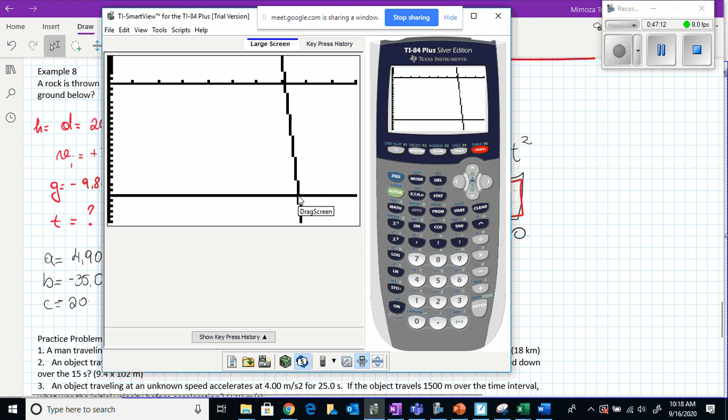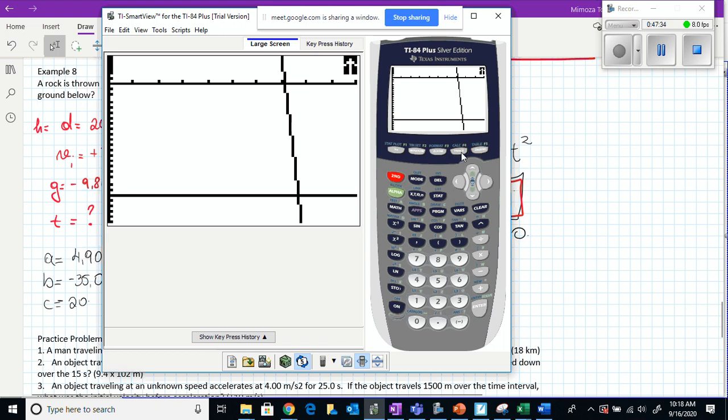This graph actually has 2 points of intersection, one that is positive and one on the other side that is negative. Since we are dealing with time, which is always positive, this is why the window is modified this way, so that we can see only the positive intersection.